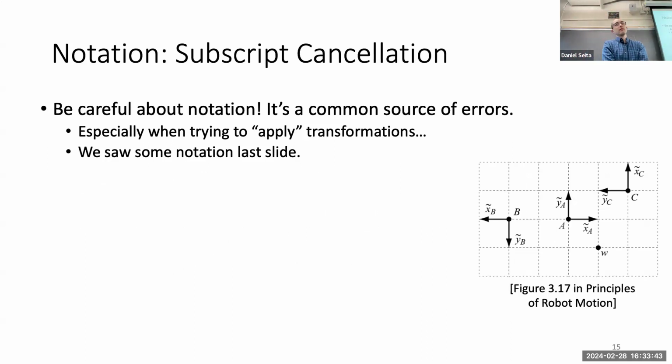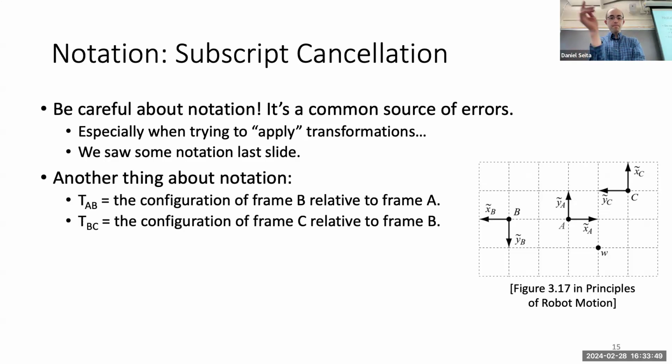All right, so let's talk about the subscript cancellation rule. When we talk about transformations, remember that one of their uses is that they can help represent some configuration. The way to interpret the notation, at least for the two resources that we link to on the course website, is you have T, which is AB.